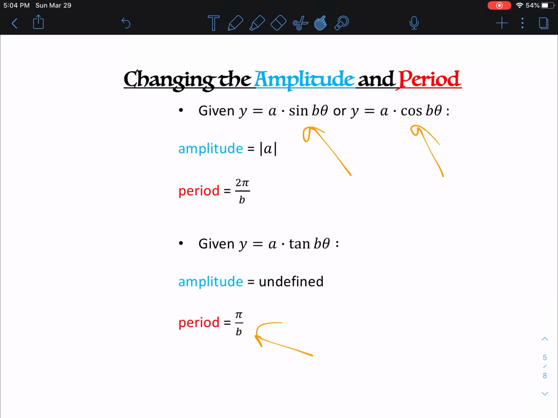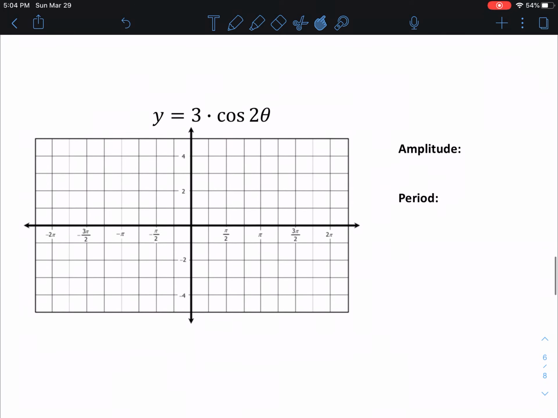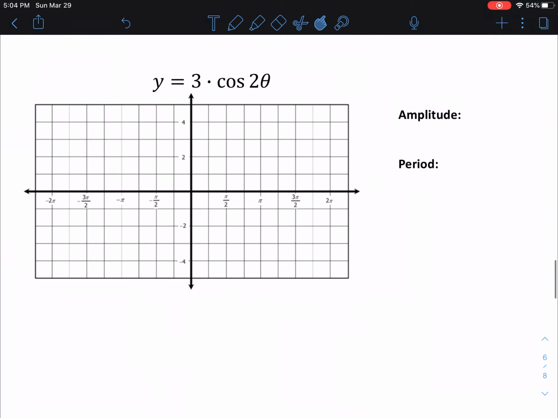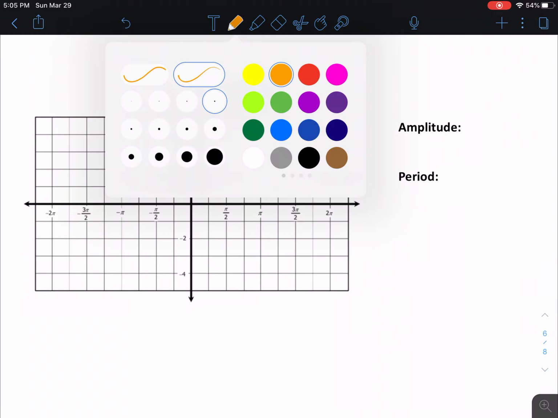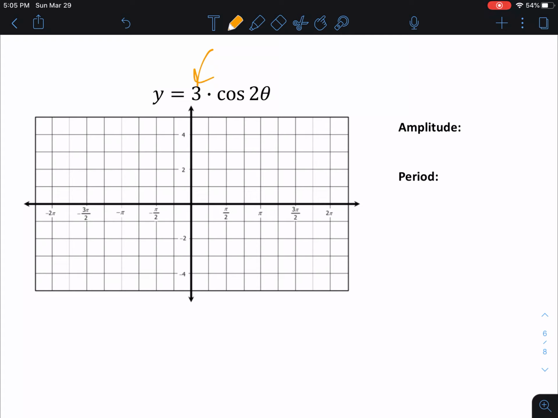Okay. All right, let's take a look at a couple of examples where we've changed the amplitude and potentially the period on these two graphs. So the first one we're going to look at is y equals 3 times cosine of 2 theta. Here our amplitude, our a value, the absolute value of 3 is 3, so our amplitude is 3.